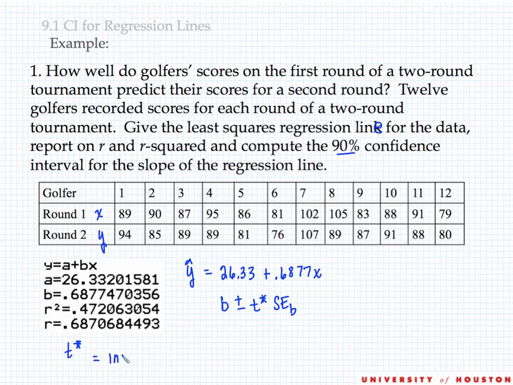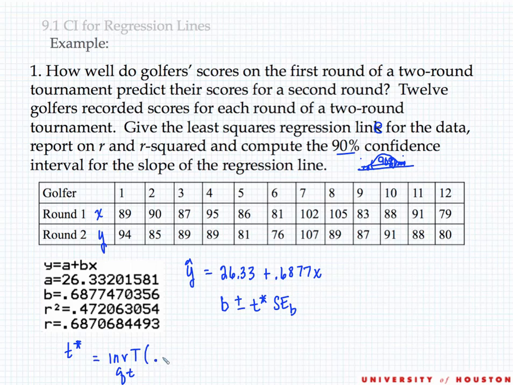So we're going to do inverse t or qt, either one with the same values. Now recall that with a confidence interval, we're trying to find the value between two, so we don't use these two tails. So if in here is 90%, we have 10% in each tail total, which gives us 5% here, 5% there.